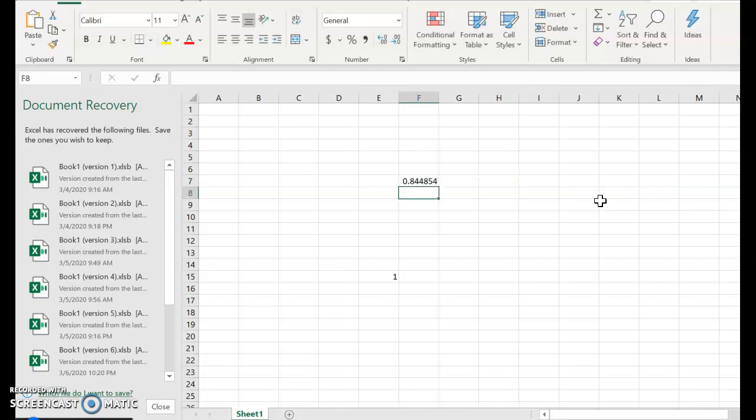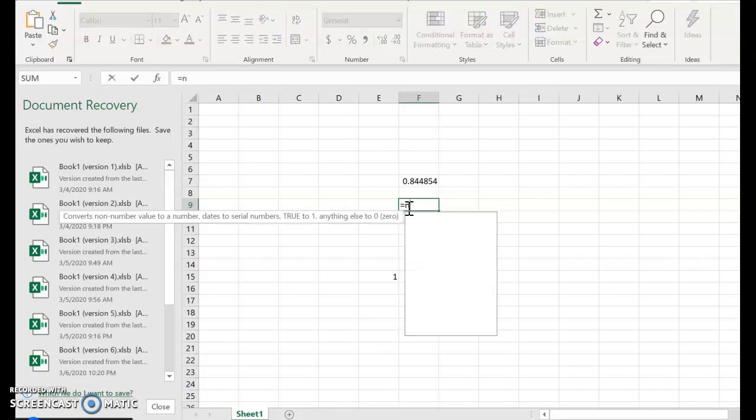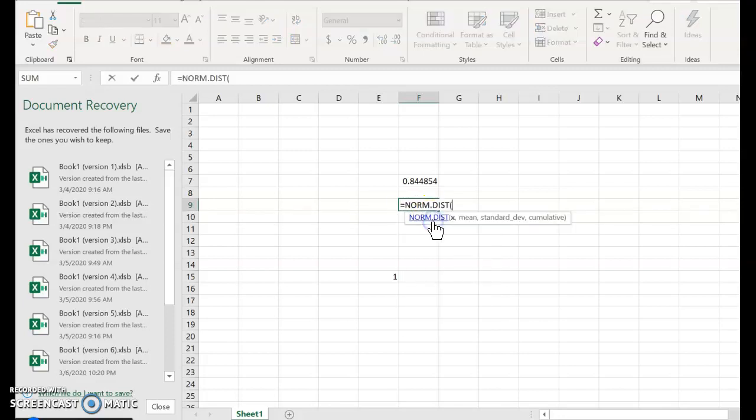So 0.844854, and the other probability, we're going to do equals NORM.DIST, and we're going to do 33.5 this time, and everything else is going to be the same, mean, standard deviation, and then true.